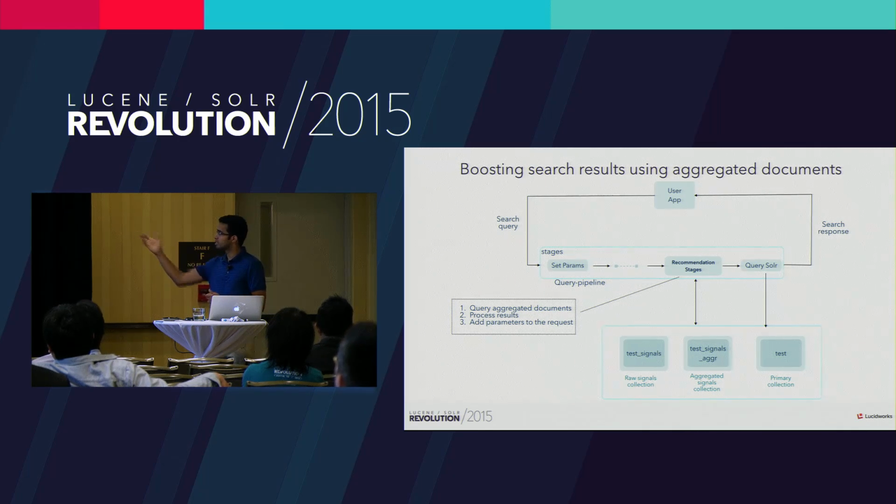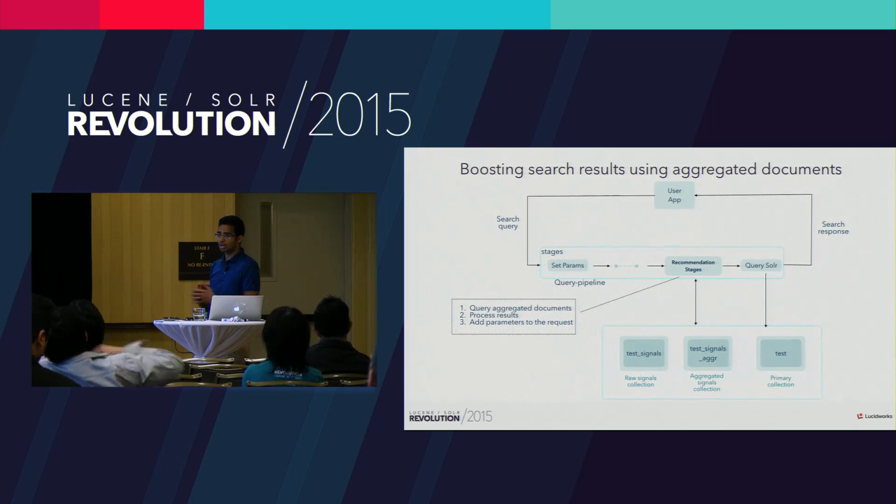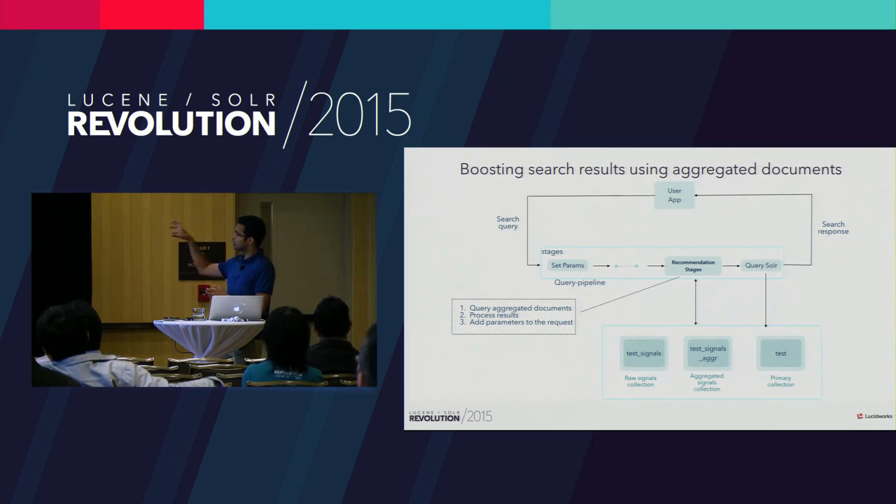Here I have a dummy stage called set params. It adds some request params to the Solr request. The final stage I have is query Solr. So we only query the catalog collection at the end of our pipeline.